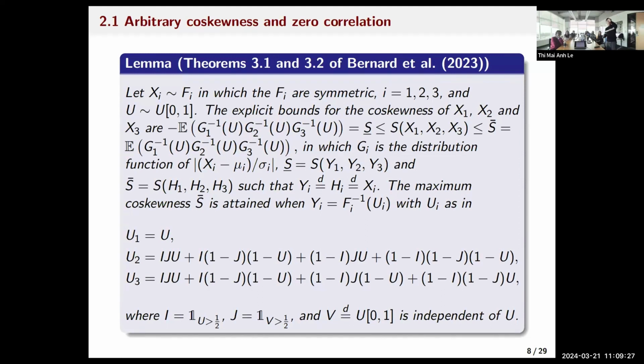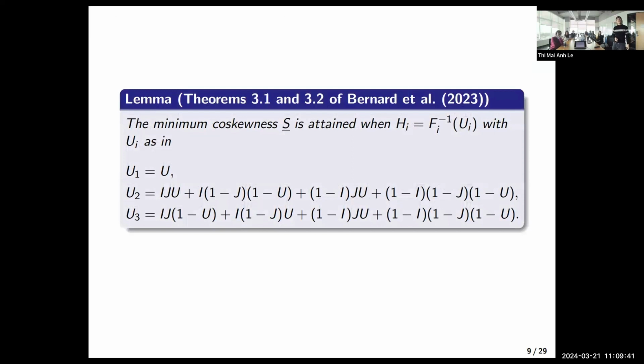Then we proved that the maximum coskewness is attained by the copula of the random vector U1, U2, U3 here. The minimum coskewness is attained by the copula of U1, U2, U3 in these expressions.